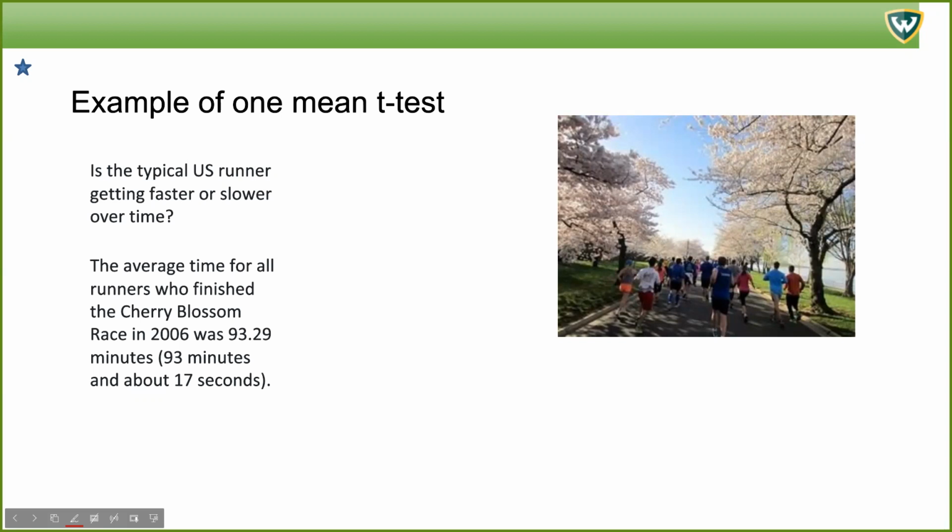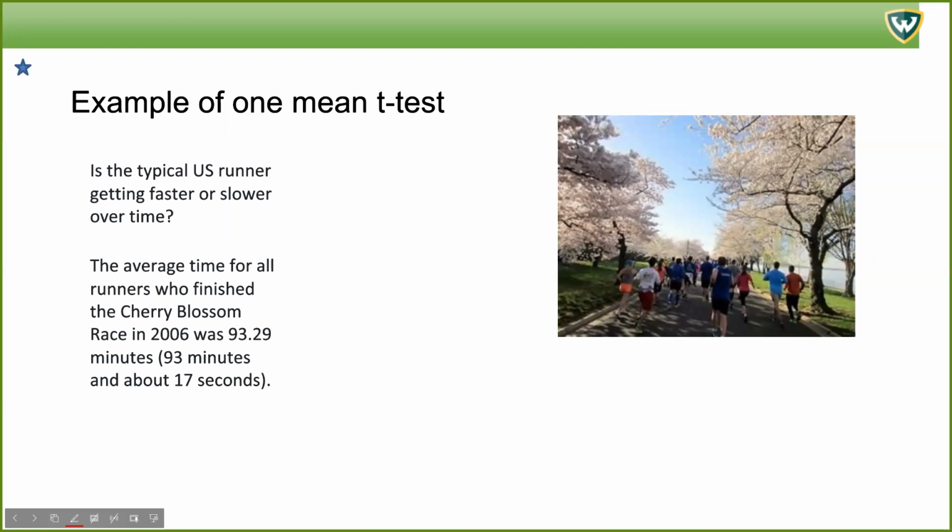So maybe your question is, is the typical Cherry Blossom race runner getting faster or slower over time? The average time for all runners who finished the Cherry Blossom race in 2006 was 93.29 minutes, which is 93 minutes and about 17 seconds.